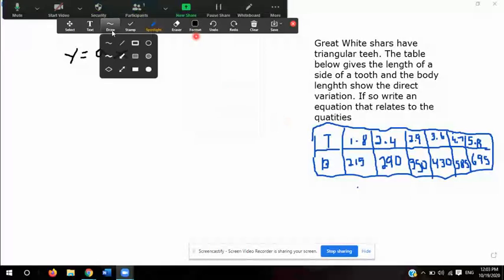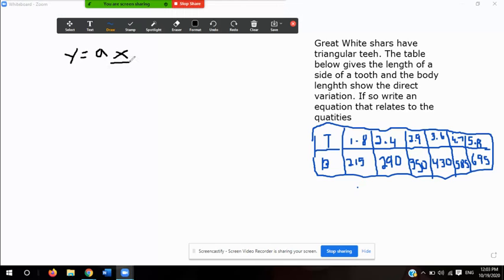So what we do is we rearrange the equation by solving for a, and we say that a, the constant of variation, when we have information in the form of tables, is y over x.